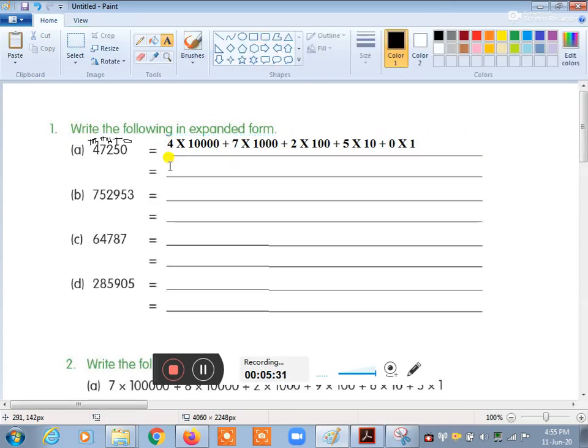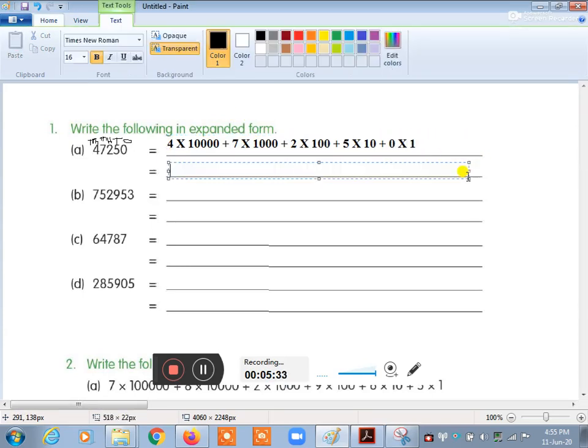So this will be written as 40,000 plus 7,000 plus 200 plus 50 plus 0.